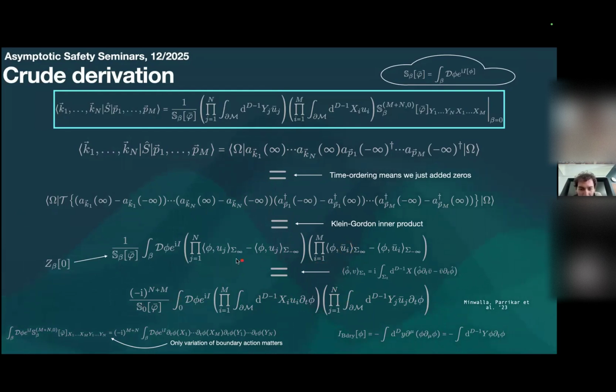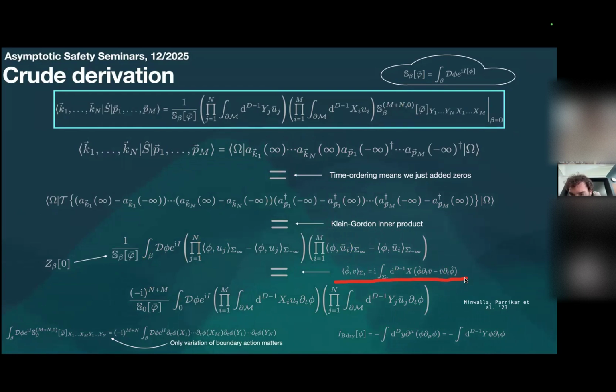All right, so then we can set the boundary conditions beta to 0, because this is what I actually have in this equation right here. And I can use the definition of the Klein-Gordon inner product. So each of these will look like this, where V is my mode.